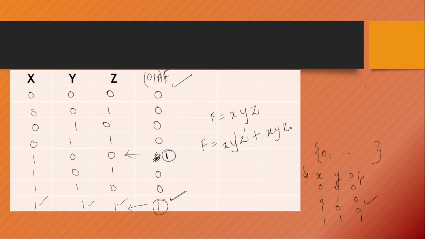So what we are doing here is selecting the ones in the final output column and finding the respective row, and in that row you can represent the input variables in the form of an expression. When we have 1 here, you represent in a direct fashion. When you have 0, you represent in a complemented fashion. That's why we have 100 as x, y dash, and z dash, and 111 as x, y, and z.